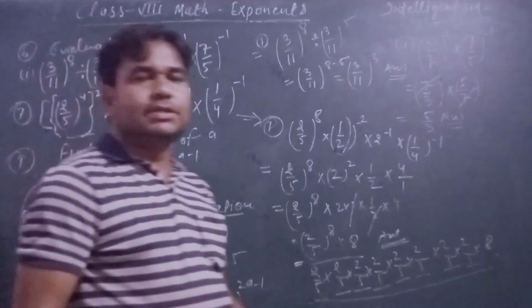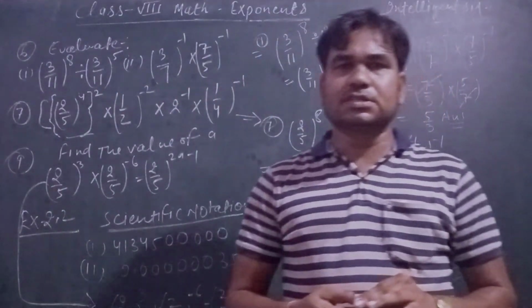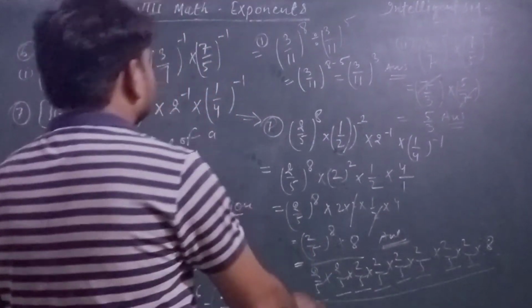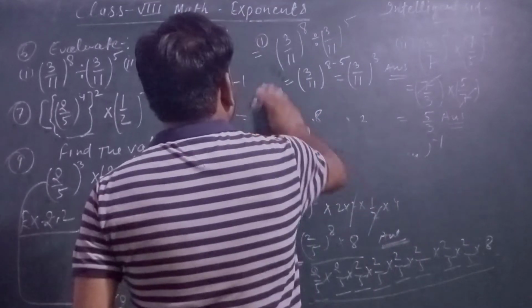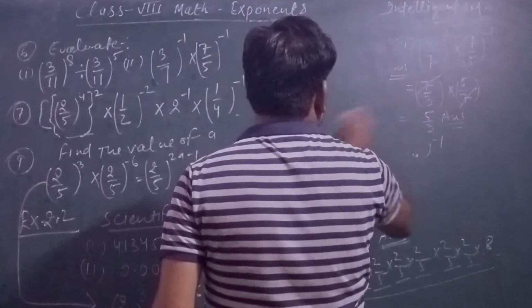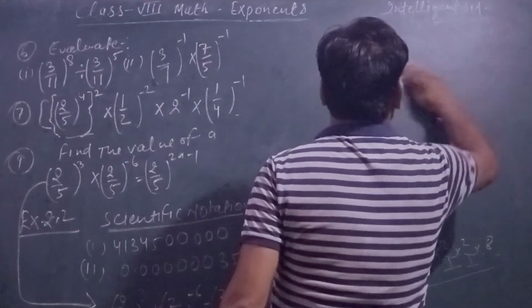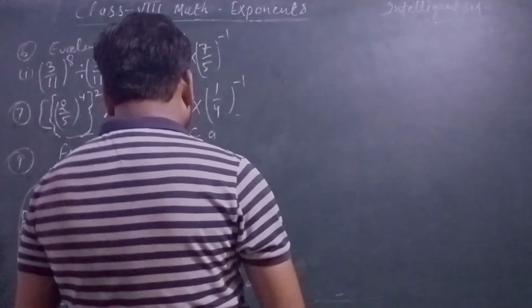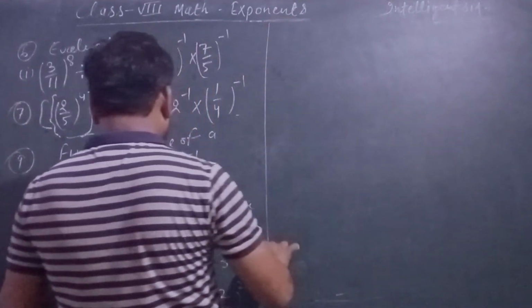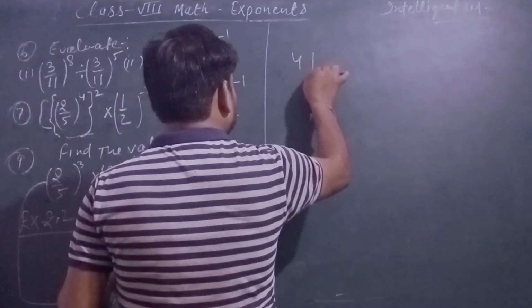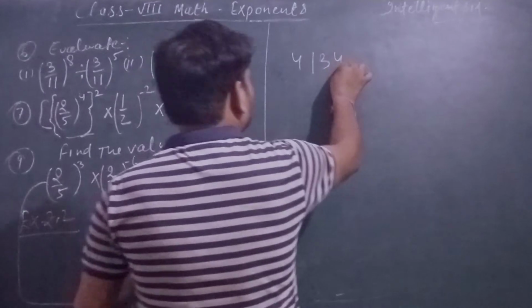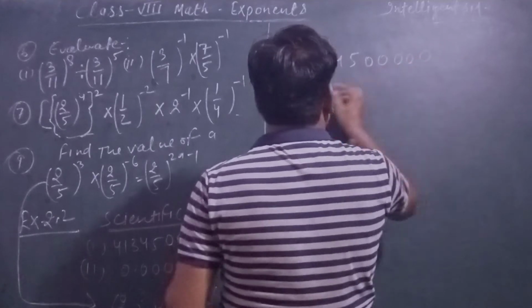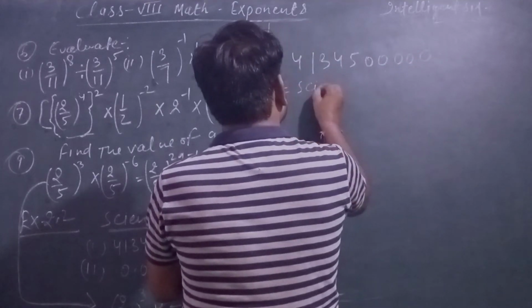So how to write any number in scientific form. Let's take the number 413450000.